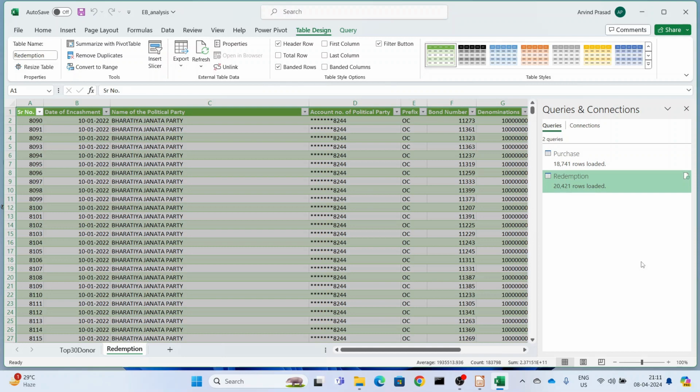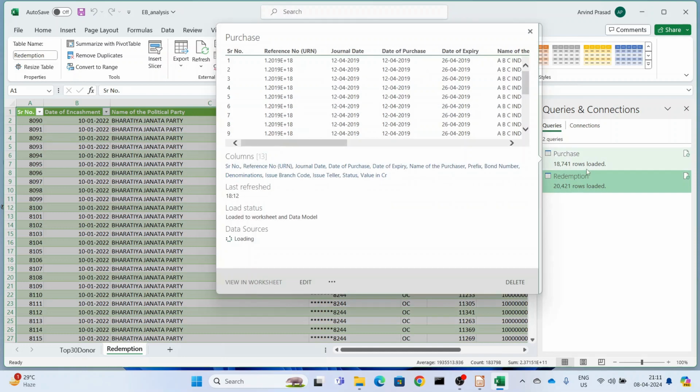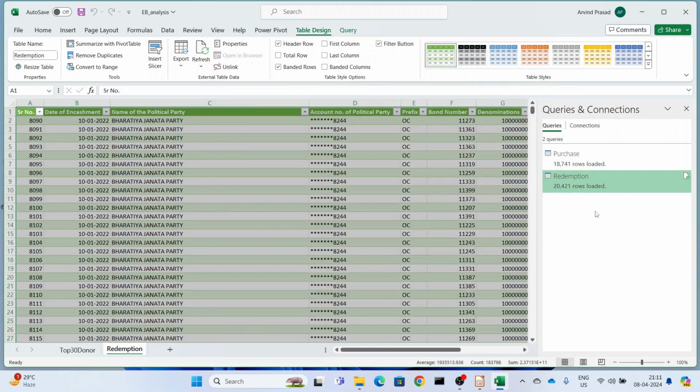That is, 18,741 bonds were purchased. But the redemption data shows that 20,421 bonds were actually redeemed. It means the number of bonds redeemed is more than the number of bonds purchased, and that is something which is very disturbing.